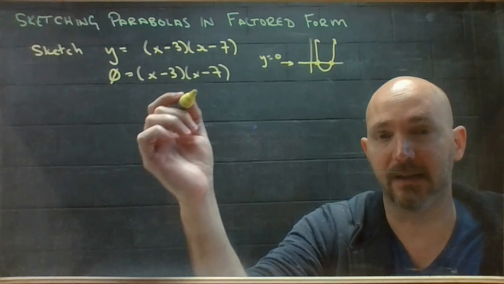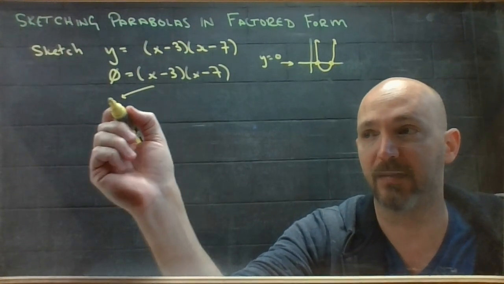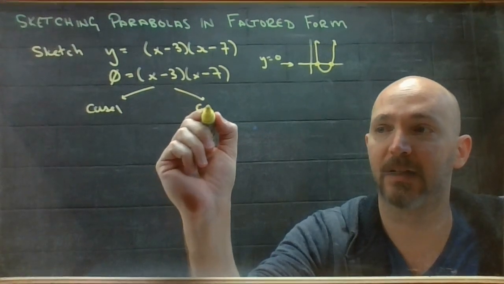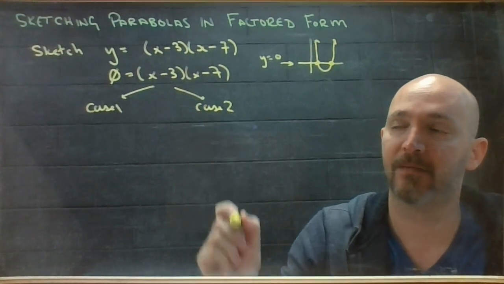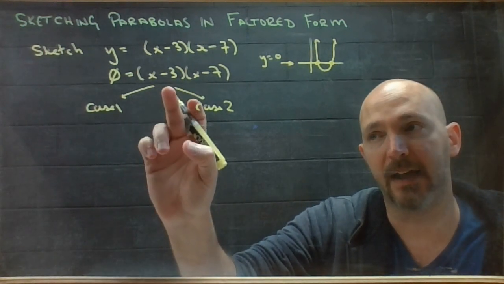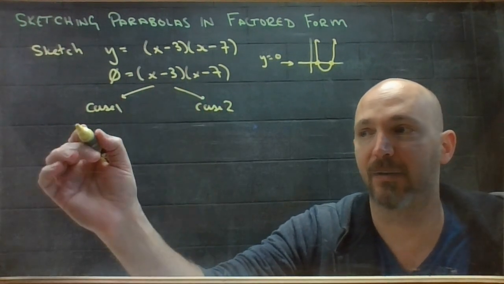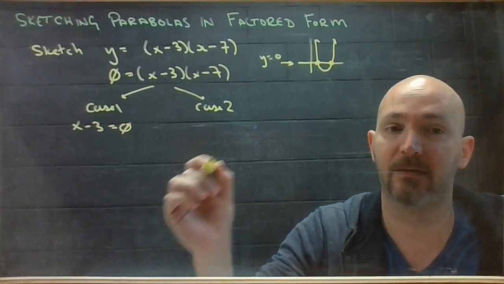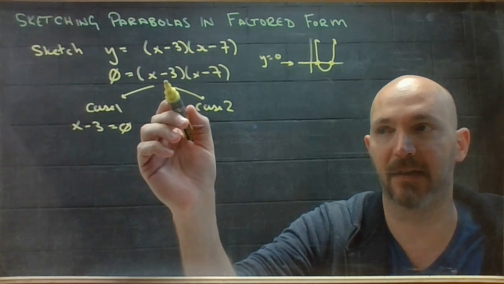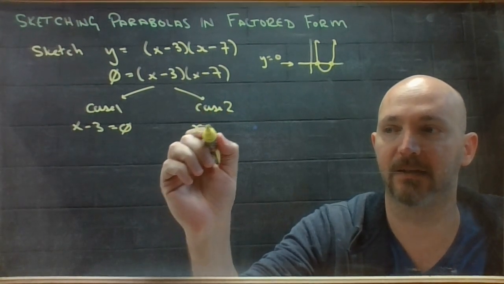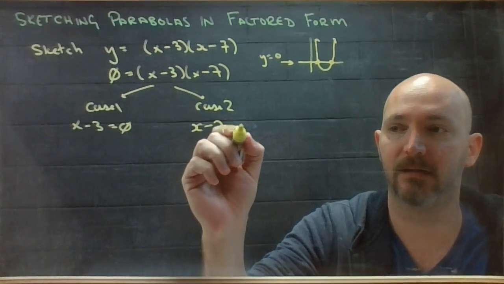So I'm going to take this equation and I'm going to split it into two pieces. Case 1, case 2. So I can get a thing times a thing equaling 0 if the first thing is worth 0, or I can get a thing times a thing equaling 0 if the second thing is equal to 0.